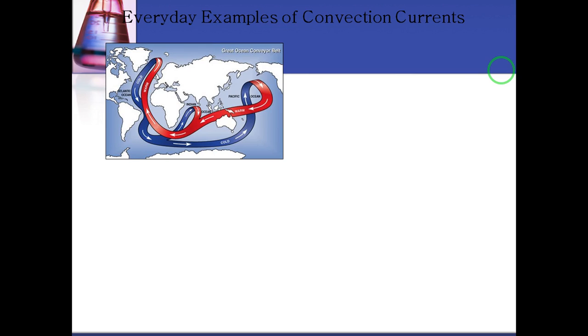Convection occurs every day. Alright, so the first example is the Great Ocean Conveyor Belt. What is the Great Ocean Conveyor Belt? It is actually a constantly moving system of deep ocean circulation driven by the difference of temperature in the sea.